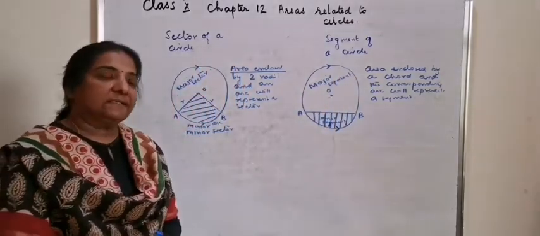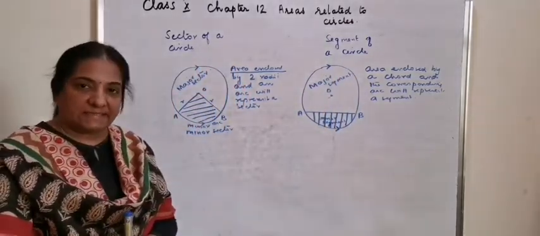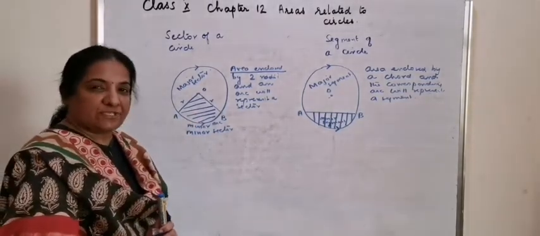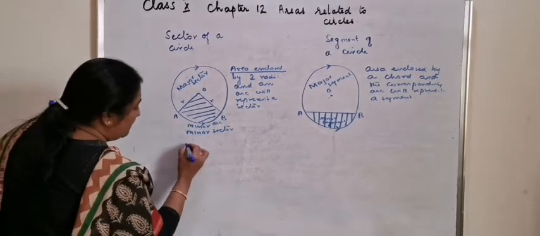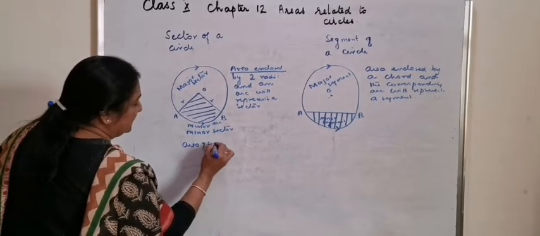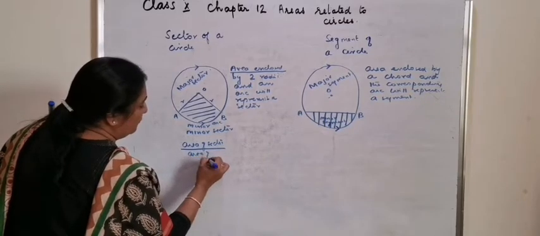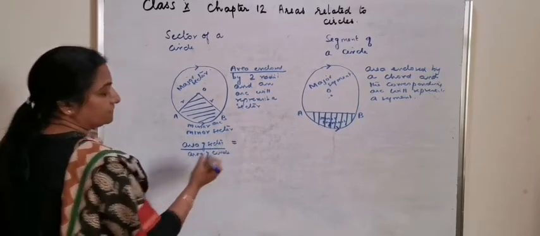How to find the area of a sector? As we discussed, like the circumference of a circle, the area of a sector is a part of the area of the full circle.